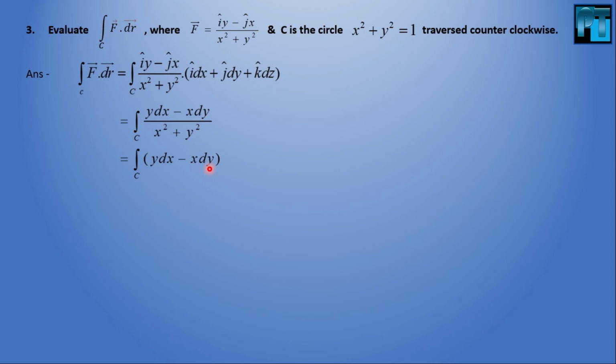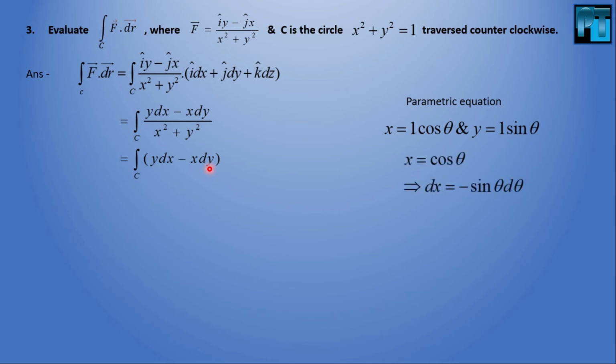Since it is a circle, x equal to r cos theta, y equal to r sin theta, r equal to 1, so we have x equal to cos theta, y equal to sin theta, and dx equal to minus sin theta d theta. Similarly, dy equal to cos theta d theta. Now, since it is a circle, what is the limit of theta? 0 to 360 degrees or 2 pi. So the lower limit is 0 and the upper limit is 2 pi.